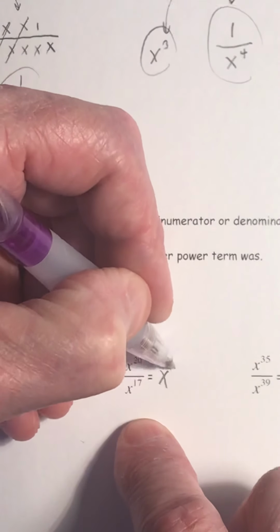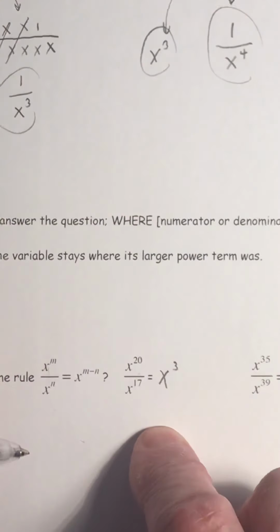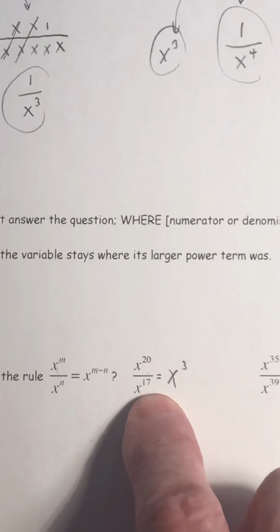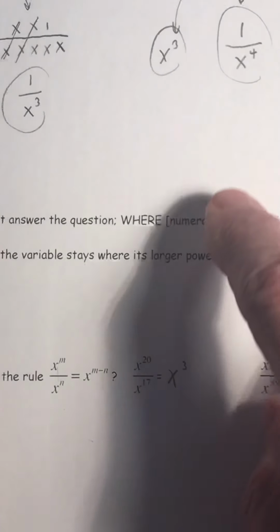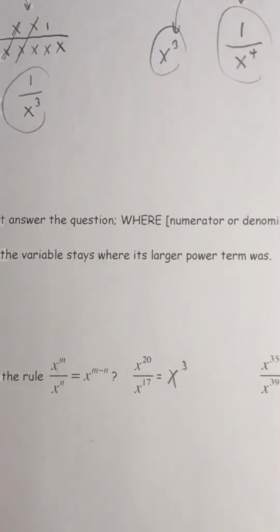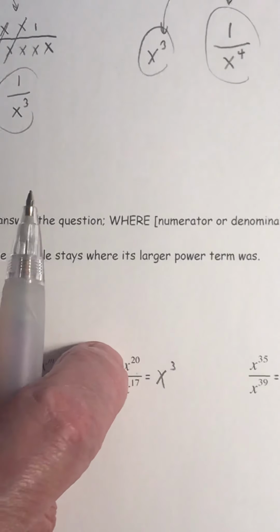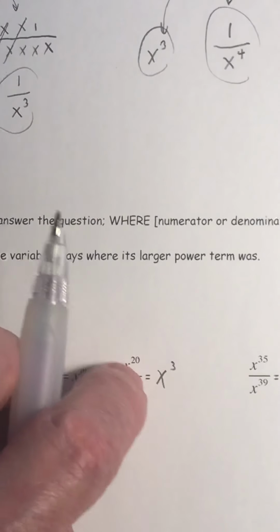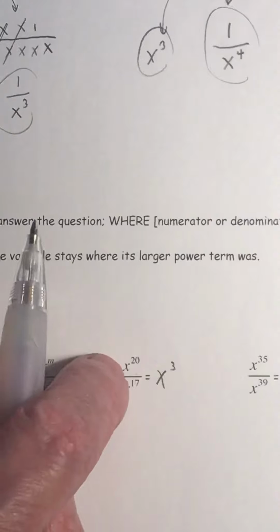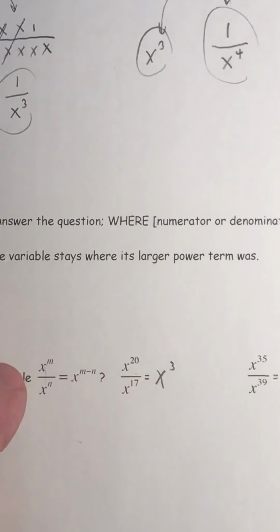20 take away 17 is 3. No problem. And that is what we would get looking at this with the approach from higher up on the paper. Bigger powers on the top, so we keep the x on the top and we don't need a fraction anymore, and we subtract 20 take away 17. We get exponent 3.